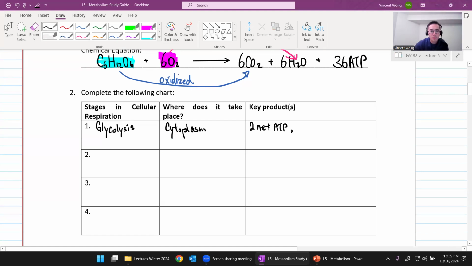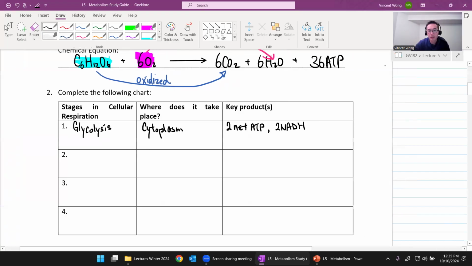In addition, we were able to remove some high energy electrons from glucose, and we will be capturing them with NAD, and that creates NADH. Okay, so if you need a reminder, NAD plus and FAD are electron carriers.